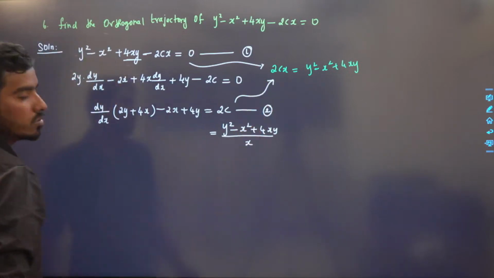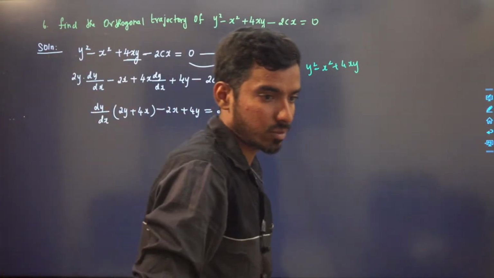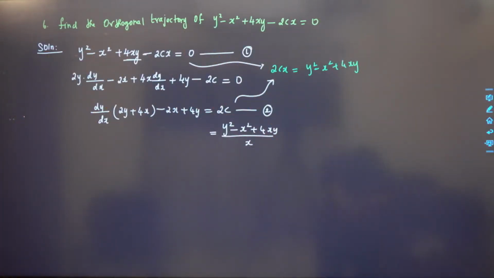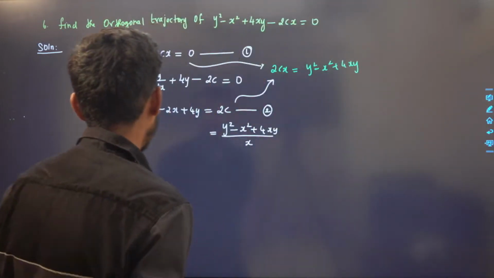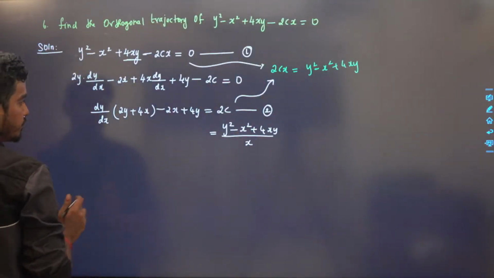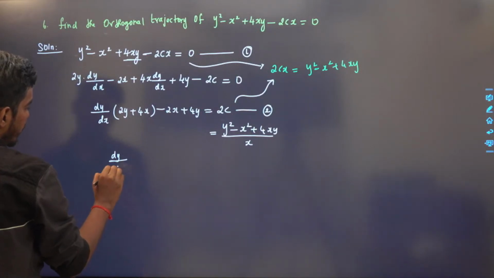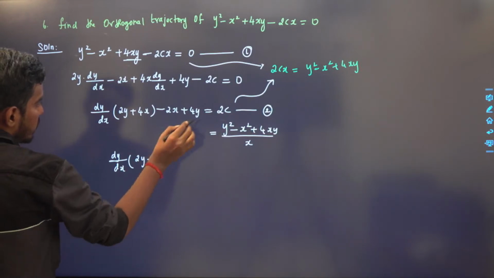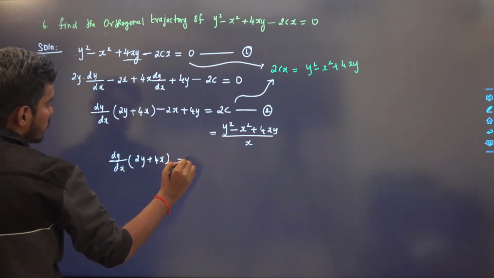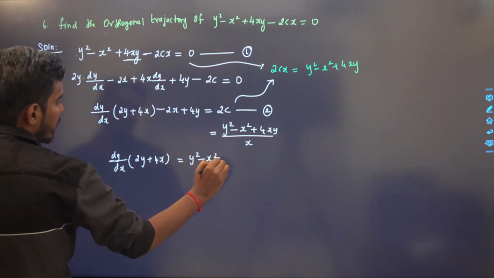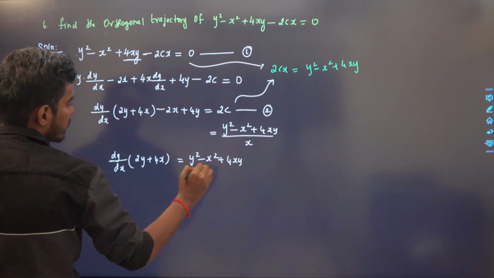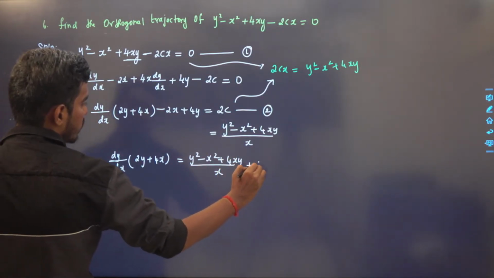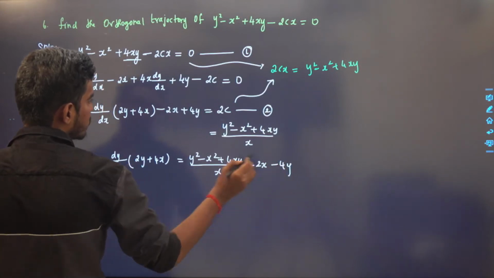From this you get the value of 2c. So we have dy by dx times 2y plus 4x. I'll take these two terms to that side: y square minus x square plus 4xy by x plus 2x minus 4y.